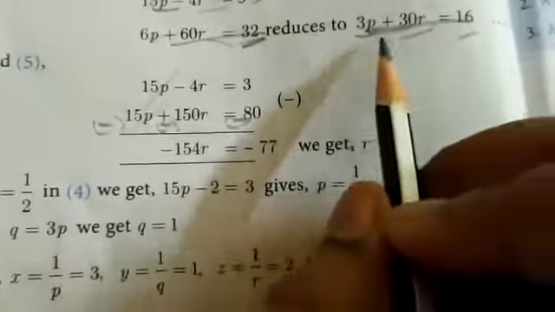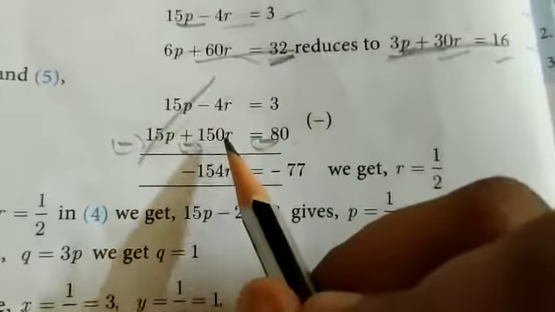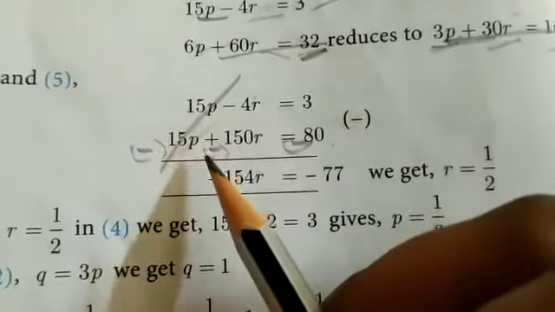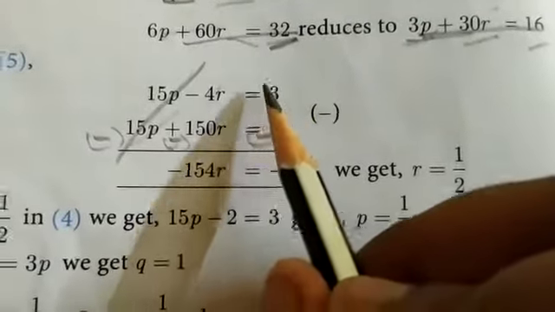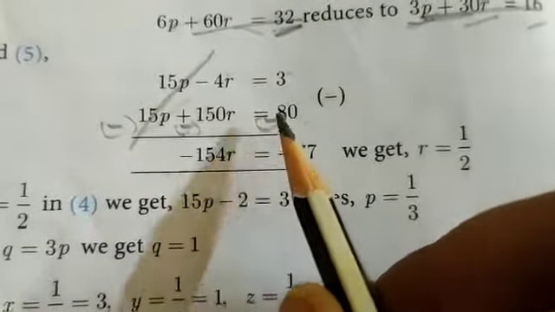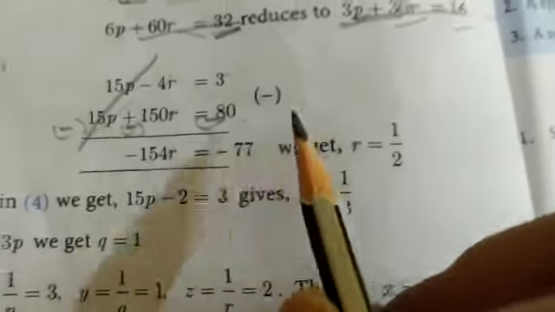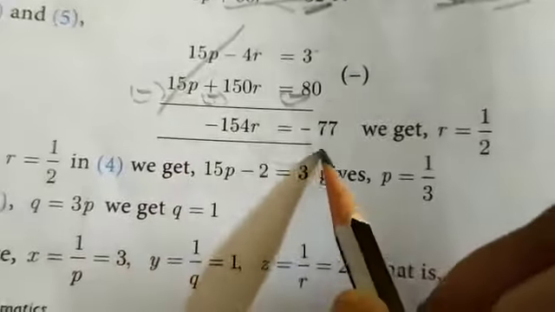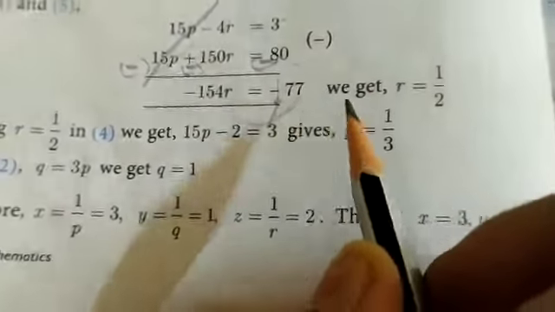For that you are multiplying equation 5 by 3. So cancel this, and minus 4 minus 150, so minus 154r equal to 3 minus 80, which means minus 77. We get r equal to 1 by 2, because when this comes here, minus and minus get cancelled, and 77 by 154 is 1 by 2.